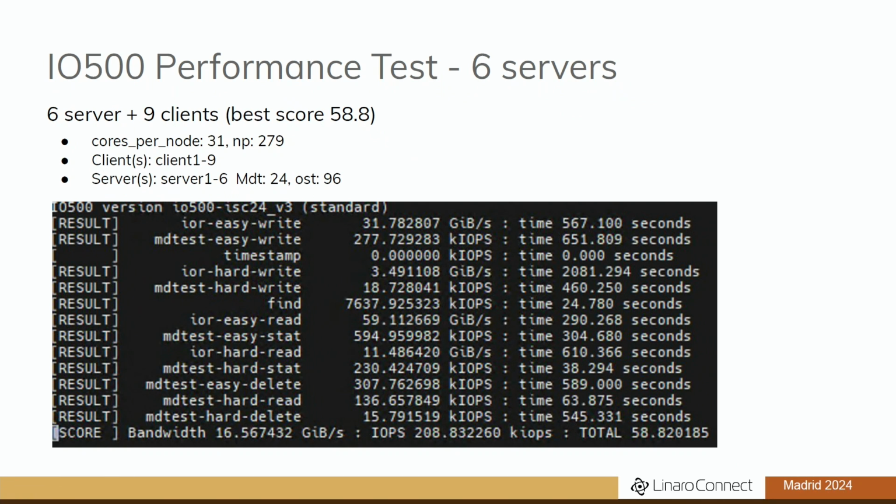And looking at the BMW, we also almost reached the hardware limit. But the IOPS may not be as good as we expect. We still need some time to investigate this.